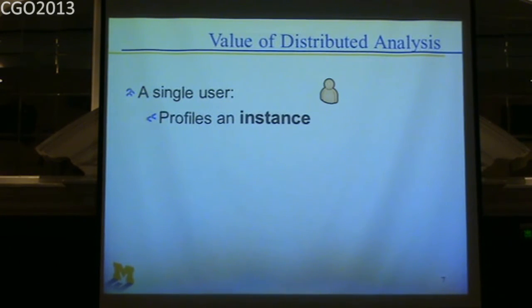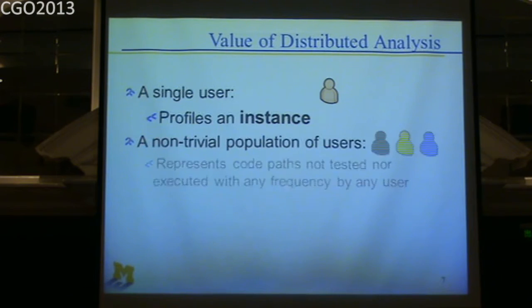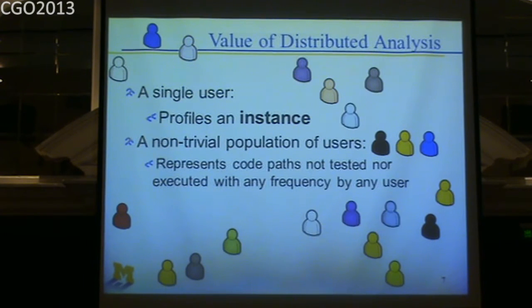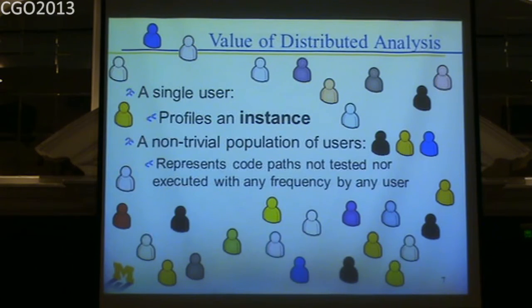Now, when we consider how to analyze for the dynamic control frontier, first consider that a single user only profiles an instance of an application. However, we are most interested in a non-trivial sized population of users, as these represent the code paths which are not tested nor executed with any real frequency by any user.